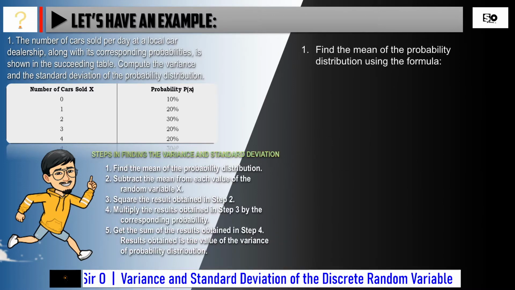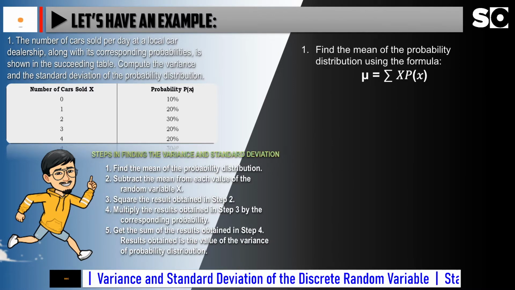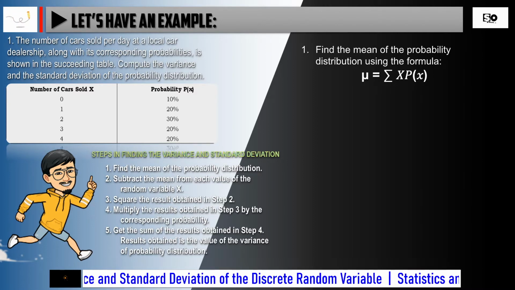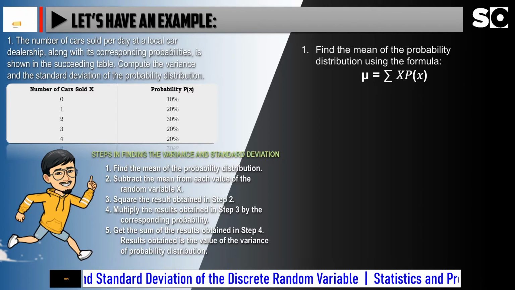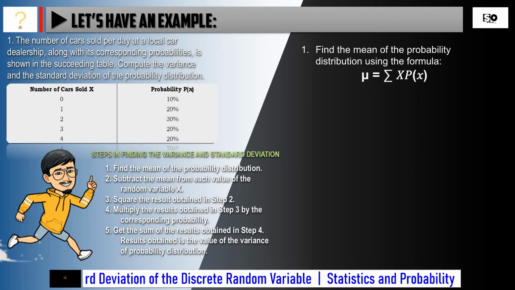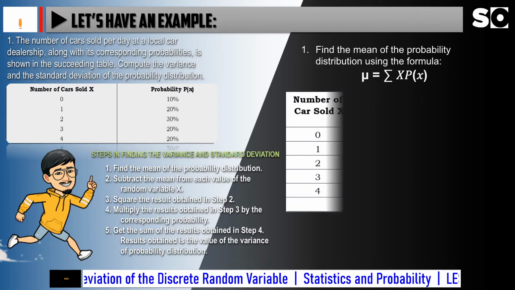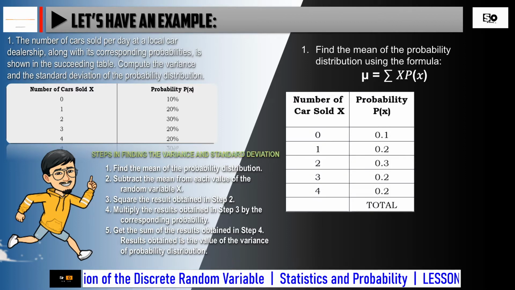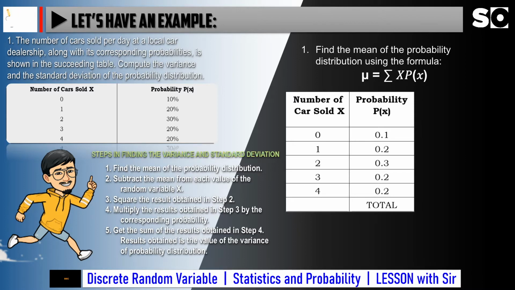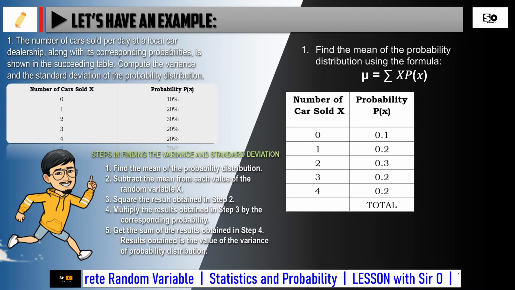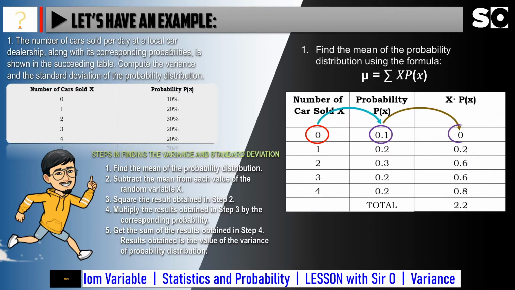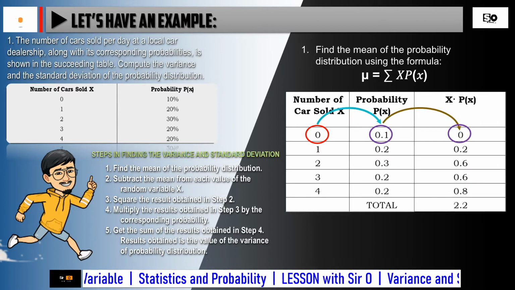Solution. Step 1 is to find the mean of the probability distribution using the formula mean is equal to the summation of x multiplied by P of x. We have number of cars sold for x and probability P of x. We're going to multiply 0 by 0.1.